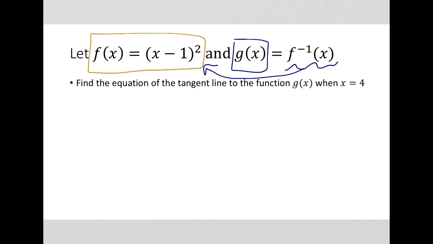We know that inverse functions are reflections over the line y equals x. We know that that is true because the x and y value of every single point becomes swapped.